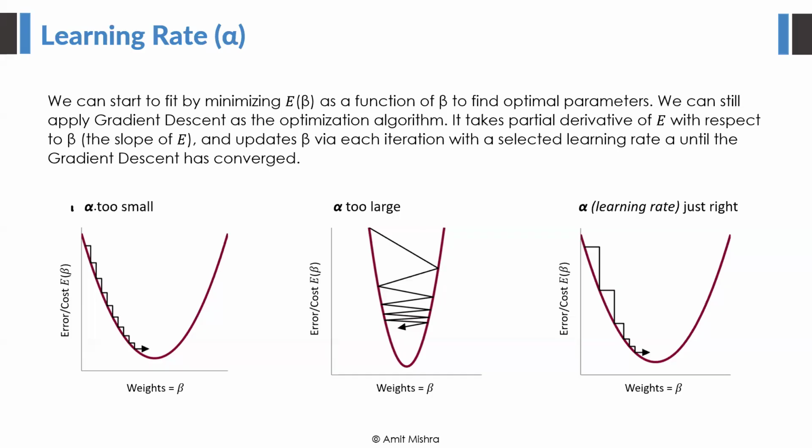you see that when your alpha is too small, it will take more time to arrive at the goal, or you can also say more iterations will be required. When your alpha is too large, then the learning rate will miss the minima.